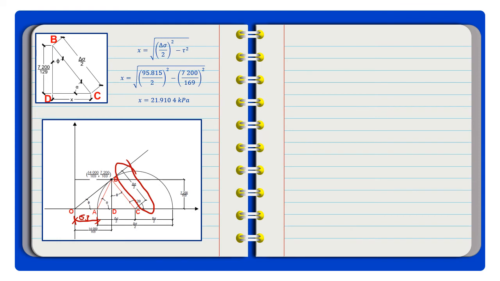So, ibig sabihin, meron na tayong pwedeng makuha na values ng minimum principal stress. Ang gagawin lang natin is, meron tayong sigma dito, i-add lang natin yung length ng DC, which is yung x. Then, galing dito, so, nandun na tayo sa center ng circle, ibabalik lang natin siya papunta dun sa minimum principal stress by deducting the value of the delta sigma over 2.